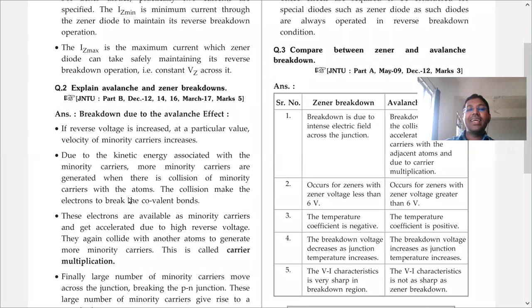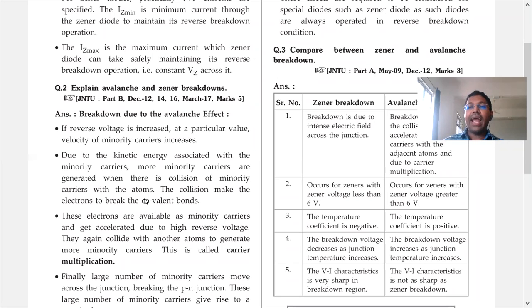This is like taking a stone and hitting a mango tree. You throw one stone, and when it hits the mangoes, the stone comes out and the mango also comes out. Similarly, an electron goes and hits an atom, and it knocks out a few more electrons from the atom.